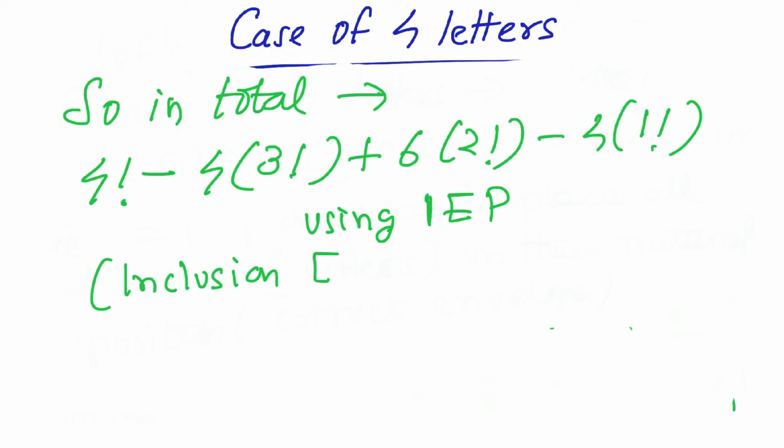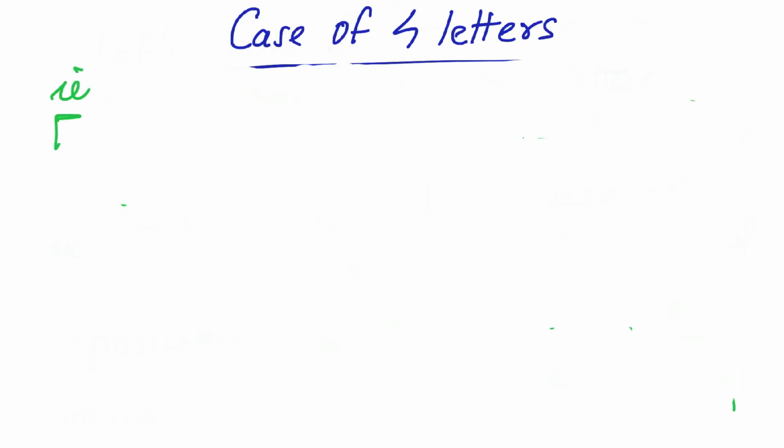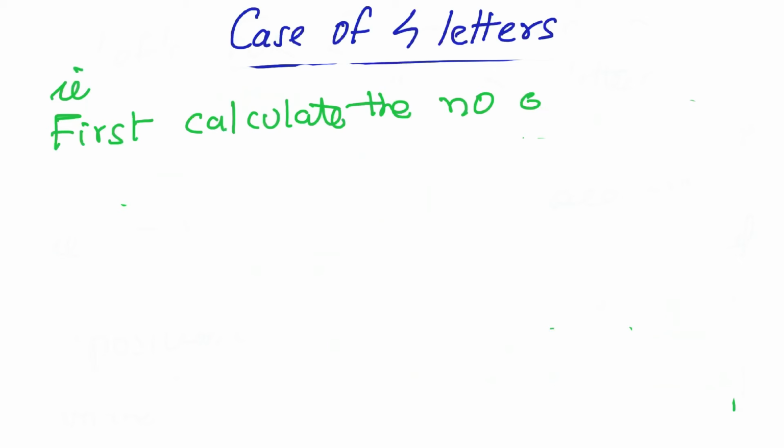And by using that principle, we can easily see that the derangement for 4 objects is 9. That is D4 is 9. And we have used the inclusion-exclusion principle for that. Now from here, we can derive a general formula for these 4 letters or 4 objects. What about n objects? That's what we are going to calculate now.